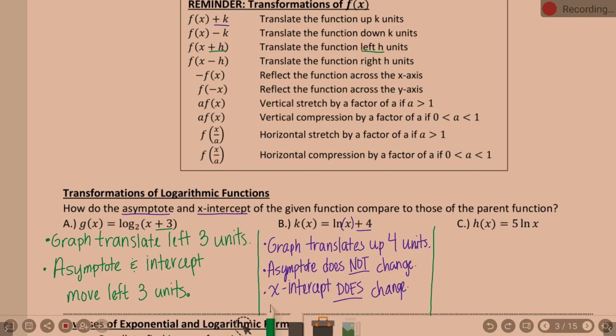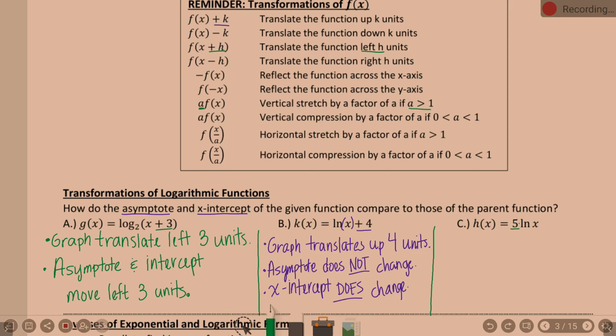Ready for C? First of all, what is the transformation there? Vertical stretch. We have that a value out front, just like that. It's just a number multiplied out front.